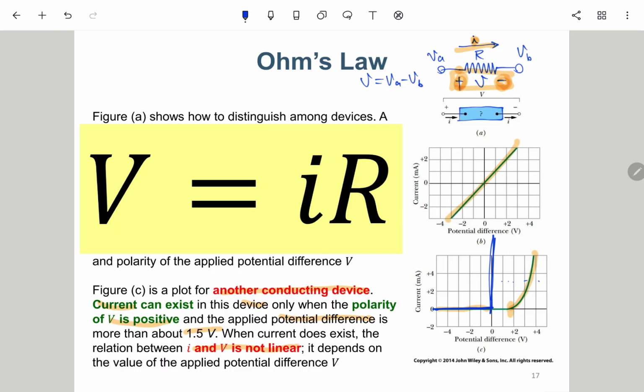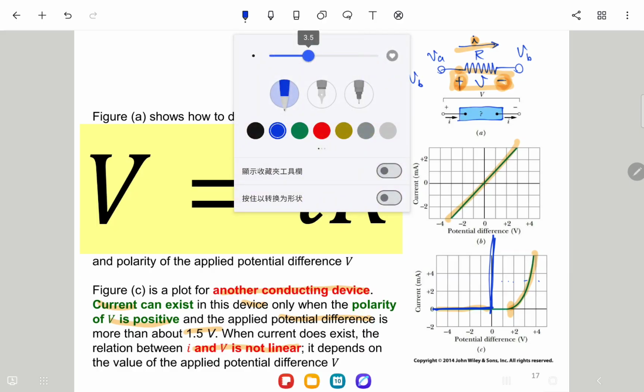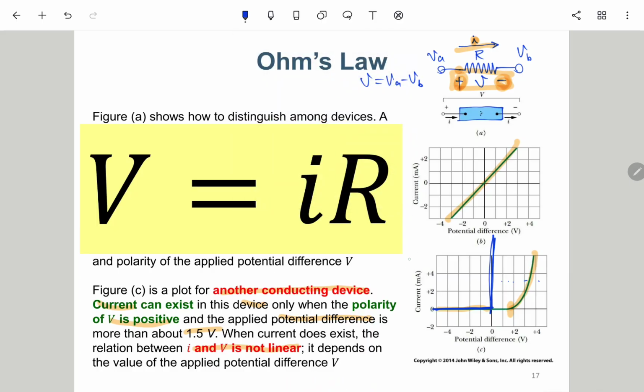Actually, who knows what this device is? When I asked the ECE students in the past, they could probably answer. Actually this one is called a diode. In Chinese it is called 二极体.